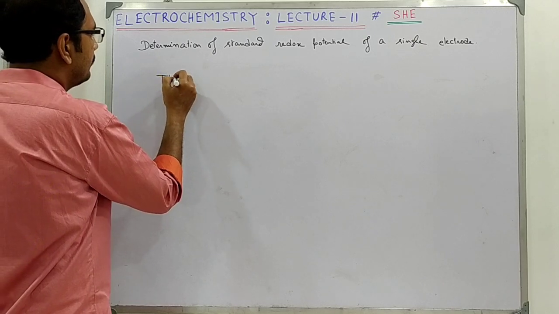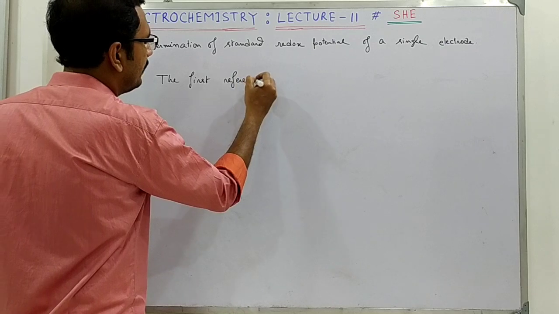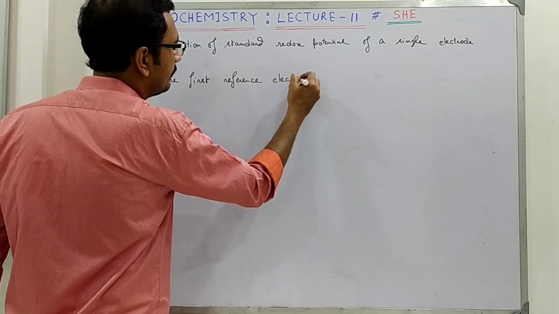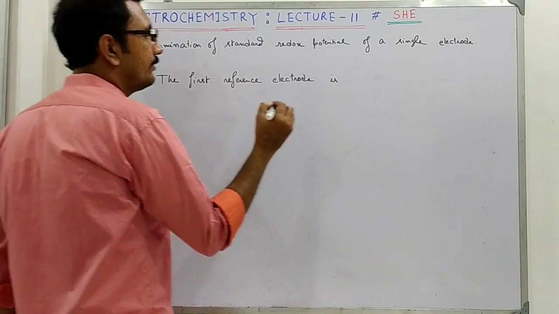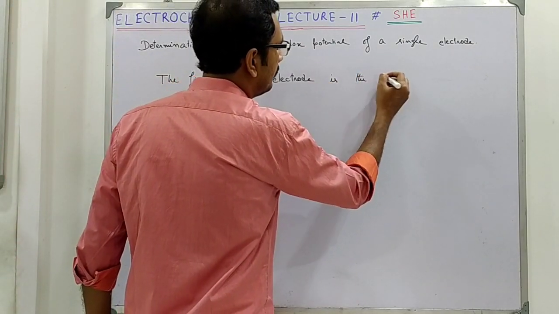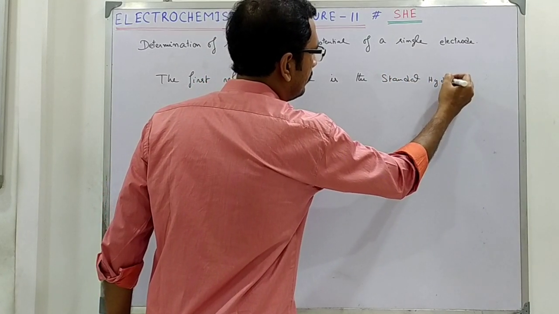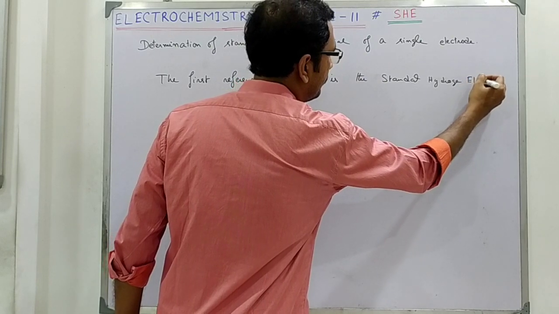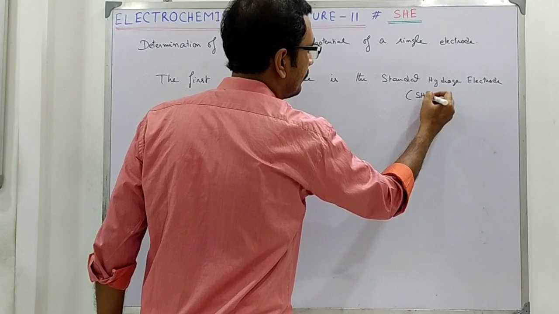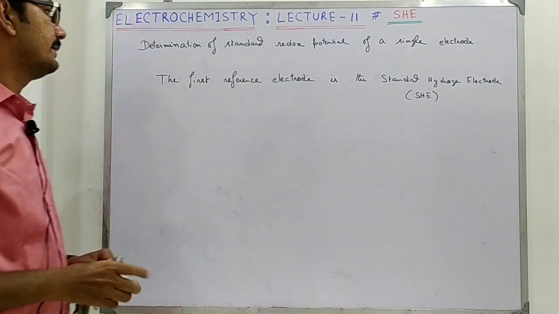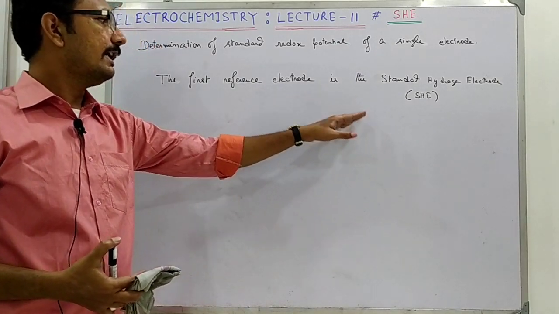So the first reference electrode is the standard hydrogen electrode, which is SHE.